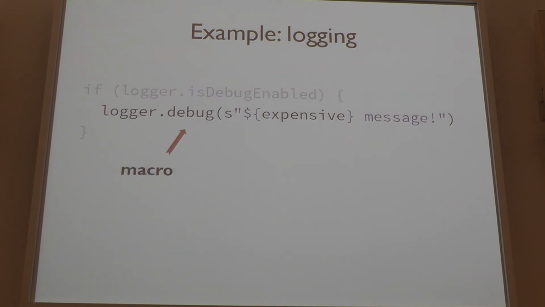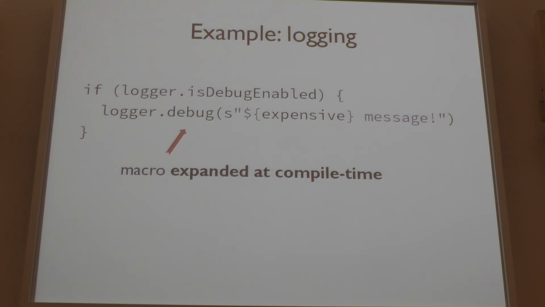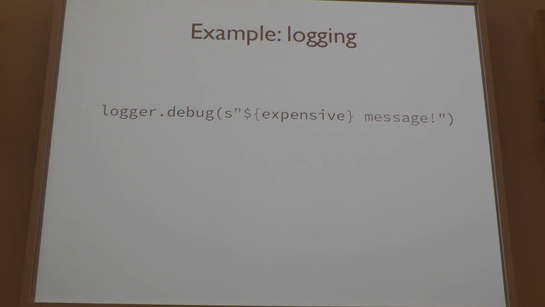What you can do in Scala 2.10 is write a macro called debug, and this macro will get an abstract syntax tree of this expression, and it can generate this whole code for you. So in the end, it will be the same thing as if you had written it, but the code looks simpler, like this.